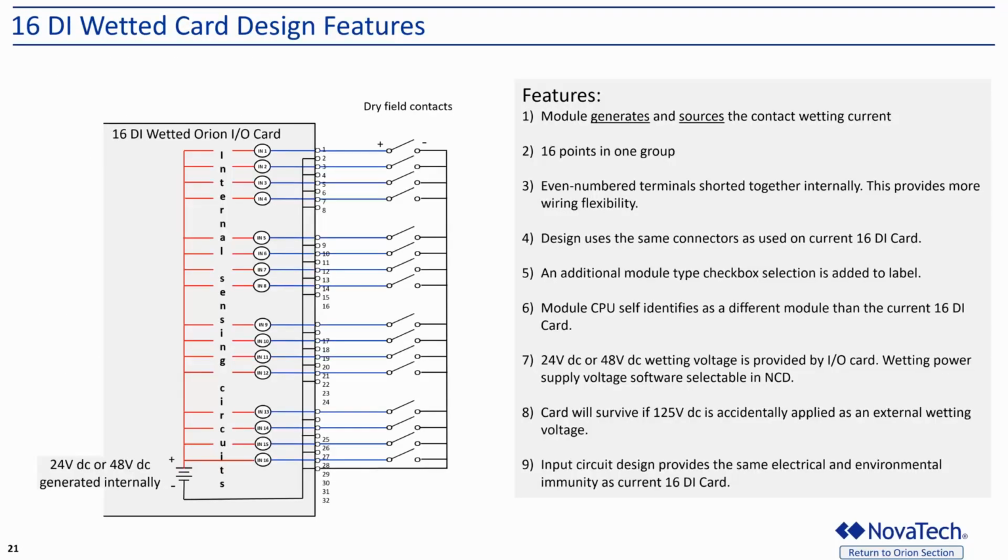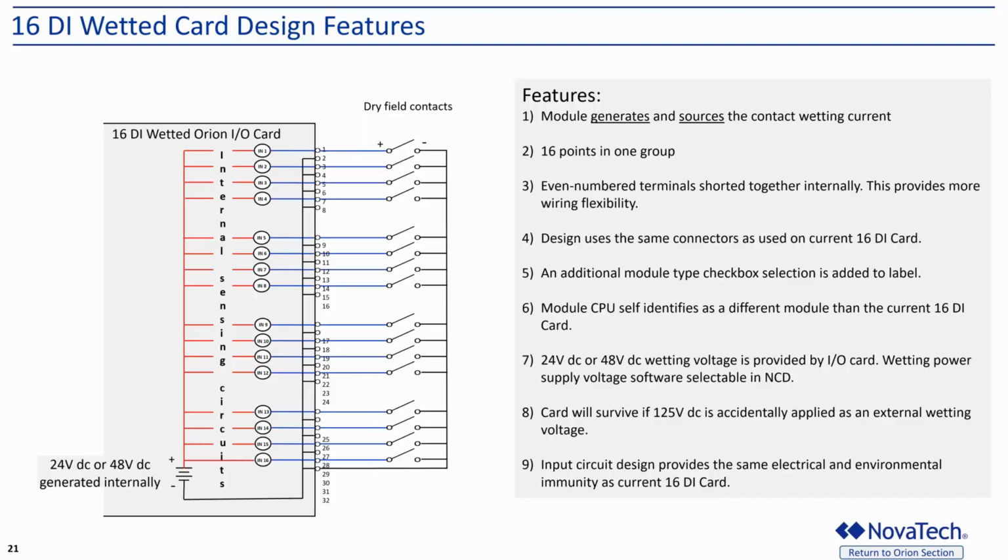Next, I want to dive into a little bit about the wetted card. Again, there's a lot of detail on this slide, but I want to mention a few of them. In terms of the wetting voltage, on the left-hand side, what you're looking at is the internal of the Orion I/O 16 discrete input wetted card. Notice internally, we provide 24 volts DC or 48 volts DC.